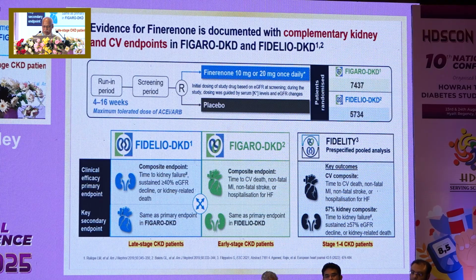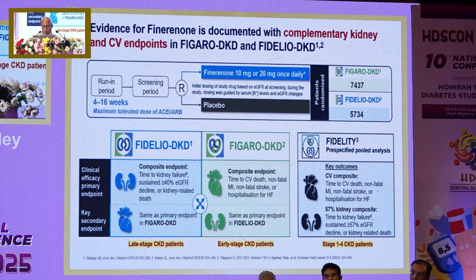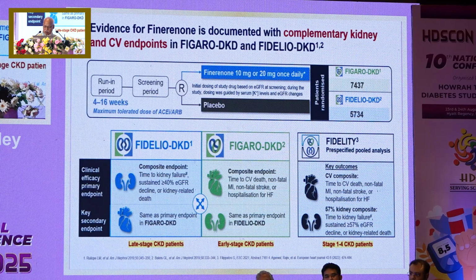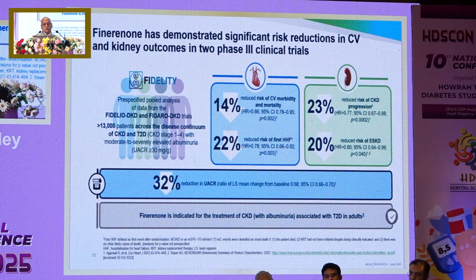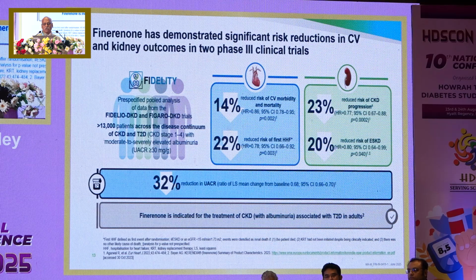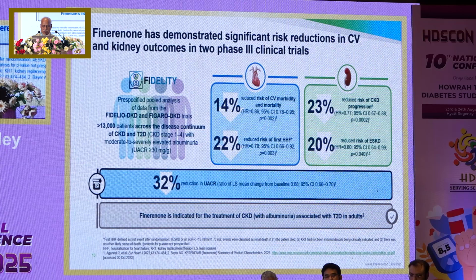So this molecule has established its place in diabetic patients with nephropathy, whether this is only a drop in eGFR or an increase in proteinuria or a combination of the two. And this was the data that it will reduce around 22% reduction in heart failure hospitalization.